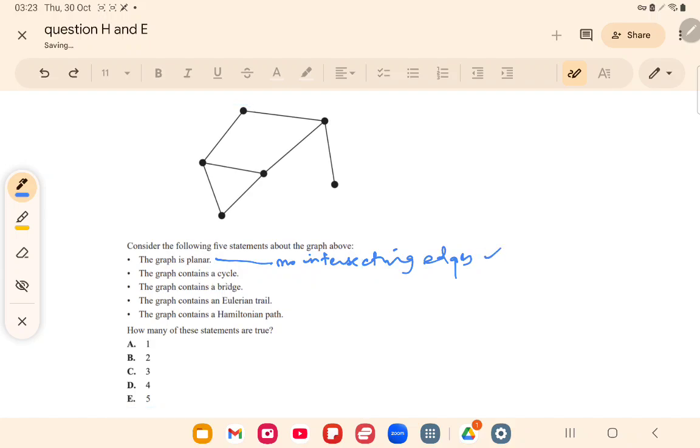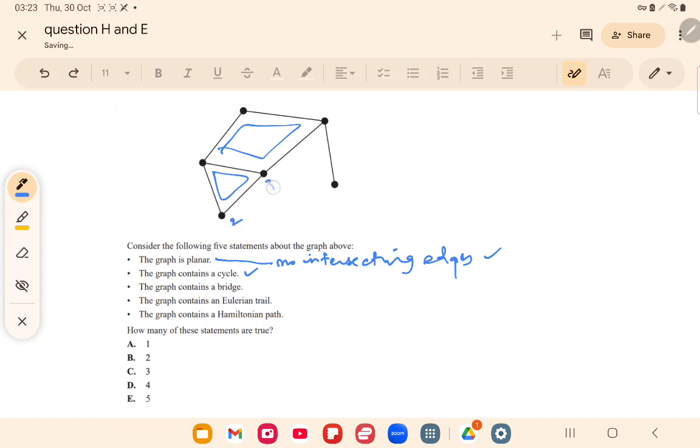The graph contains a cycle. This one is a cycle, and that one's definitely a cycle. Contains a cycle, true. The graph contains an Eulerian trail. Now an Eulerian trail means at most 2 odd degree vertices. And so now let's put down the degree of each of these vertices.